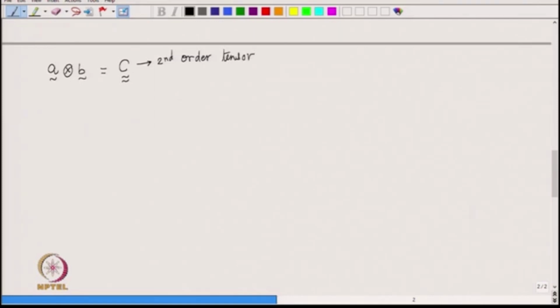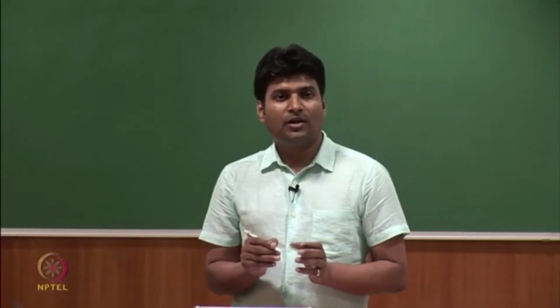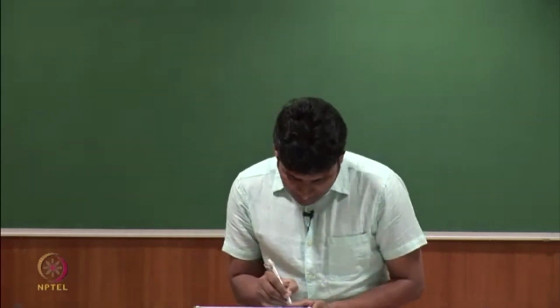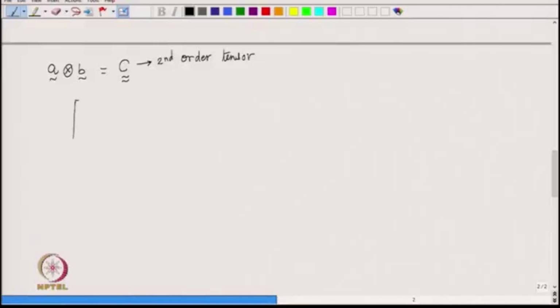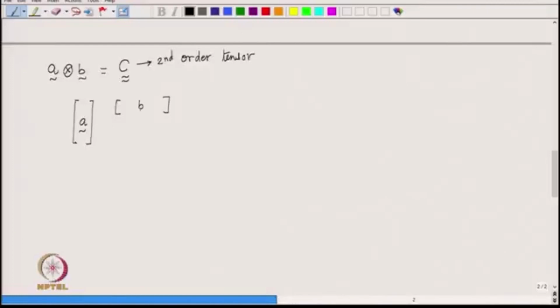The way to see this easily is, whenever we have a tensor product and you try to write it in the column form, then you take the first vector as a column, but the second vector as a row, exactly the reverse of what we did with the dot product. In the dot product the first one was the row, but here the second one is the row.